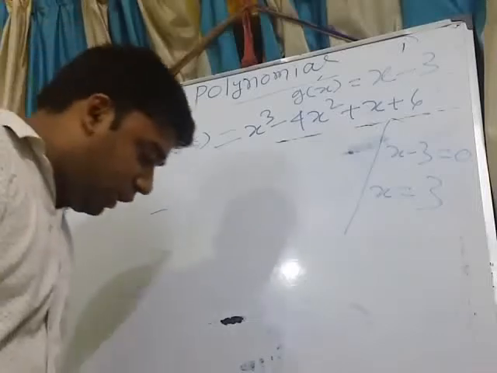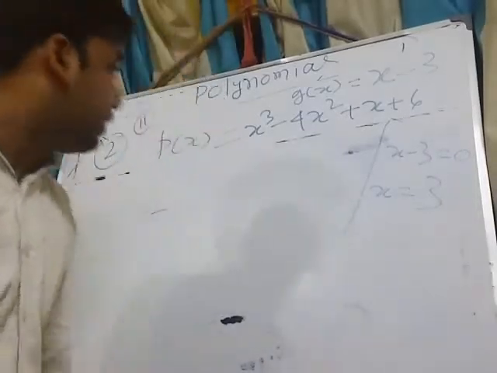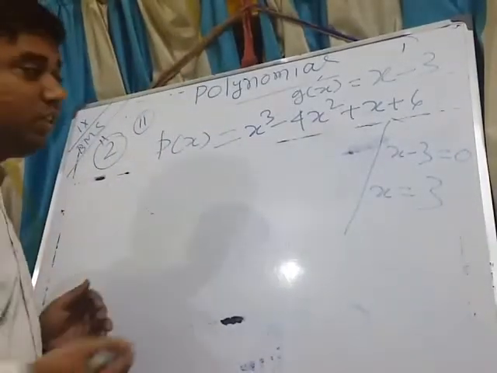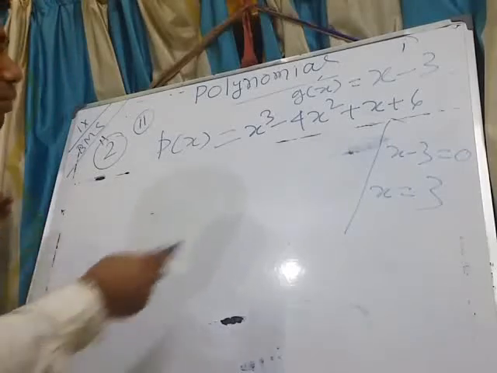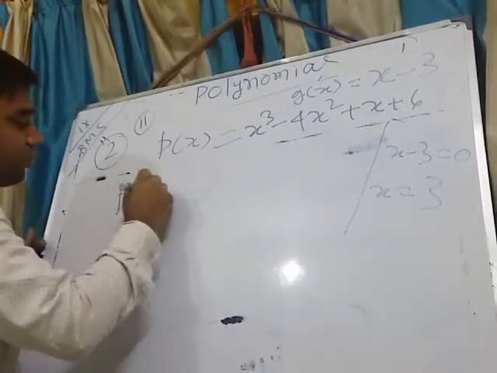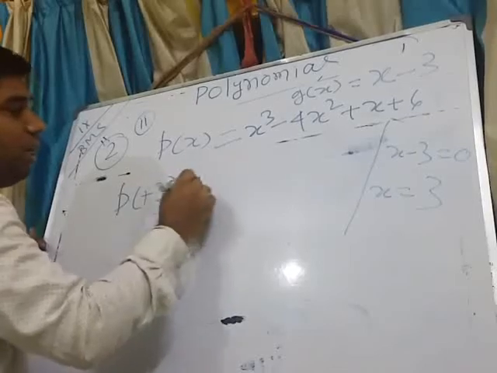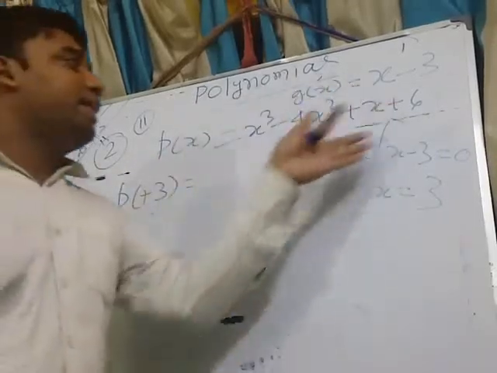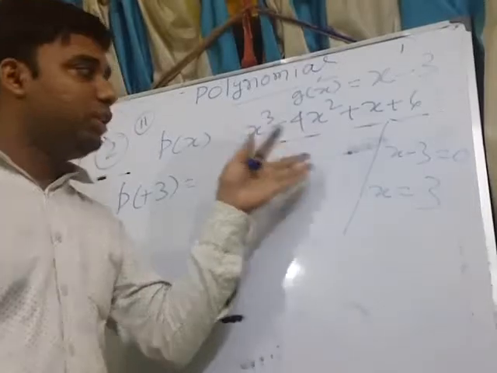So we should solve this question using the factor theorem. According to the factor theorem, if I put p of plus 3 in this polynomial and get 0 on the right hand side, then it will be a factor.